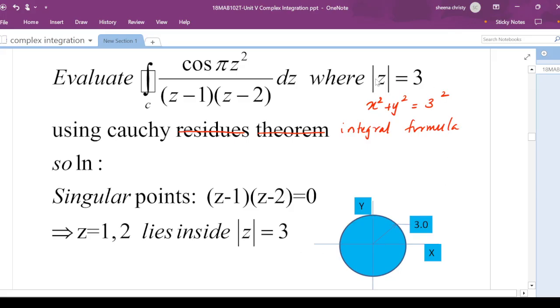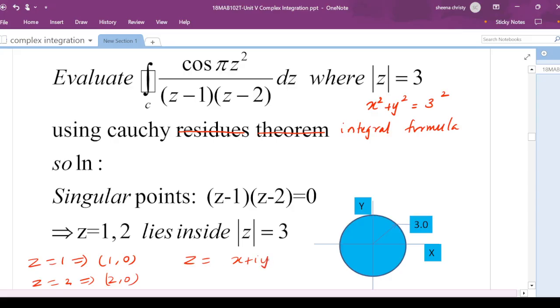Since the circle is having center (0, 0) and radius 3, what is the meaning of the point z equal to 1? z equal to 1 is the point referring to (1, 0) and z equal to 2 is the point referring to (2, 0). How? Because we know that z equal to x plus iy.